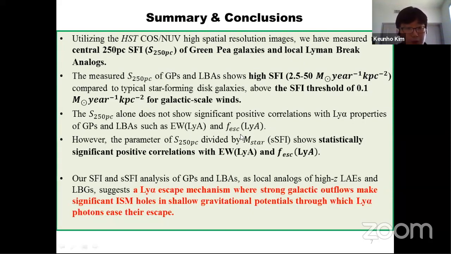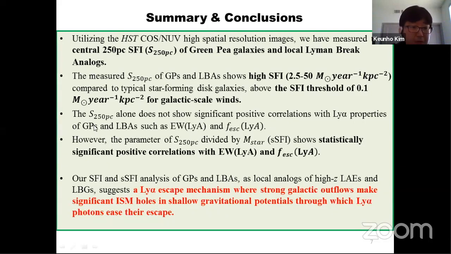The measured central SFI of Green Peas and LBAs is high compared to typical star-forming disk galaxies, well above the suggested SFI threshold of 0.1 for generating galactic scale outflows.